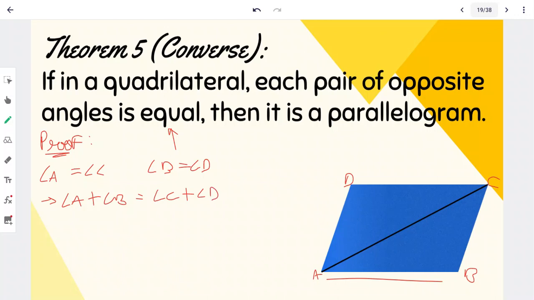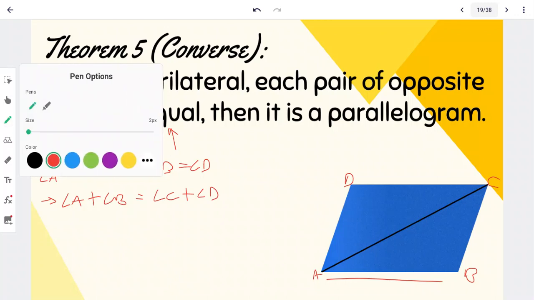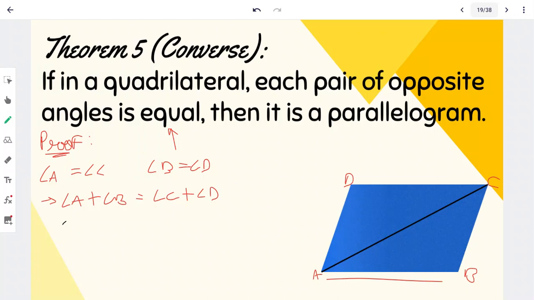Correct? Alright. Now, if I take this together, what is the sum? Angle sum property. Angle A plus angle B plus angle C plus angle D should give me 360 degrees. Correct? That's the property. Now, it is given that A plus B and C plus D are equal.